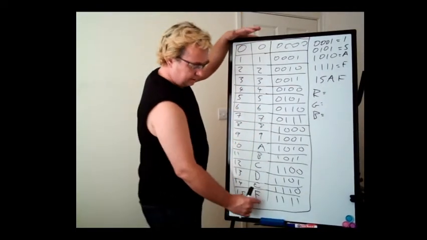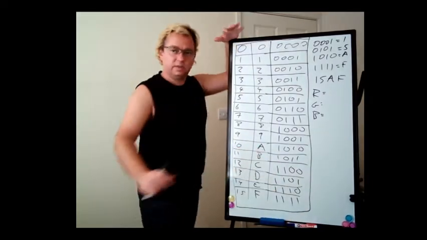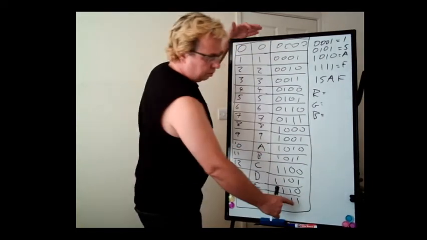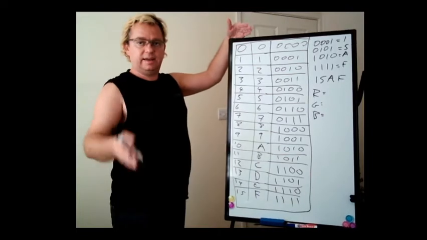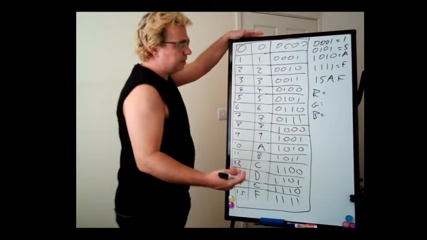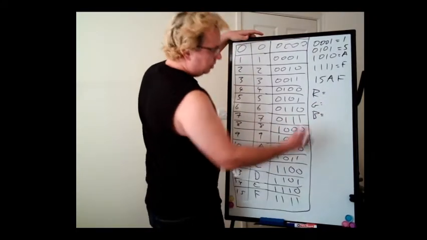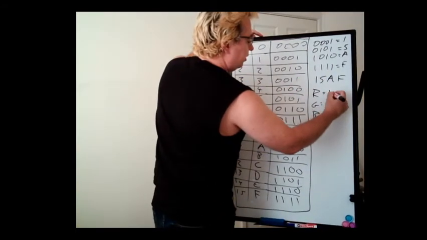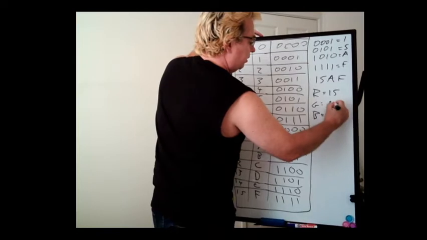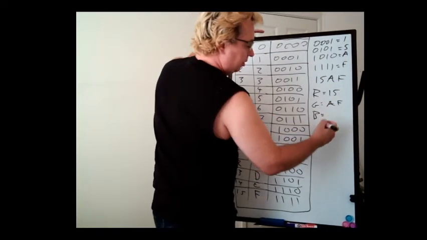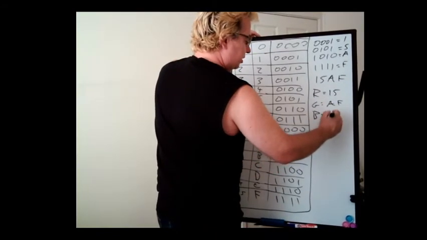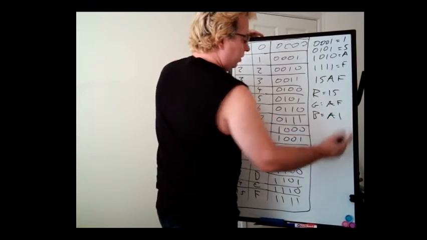Now each hexadecimal number represents a nibble. 2 nibbles is a byte, the standard number system size for computers. So let's say we use this 15AF, and then let's say blue is A1.